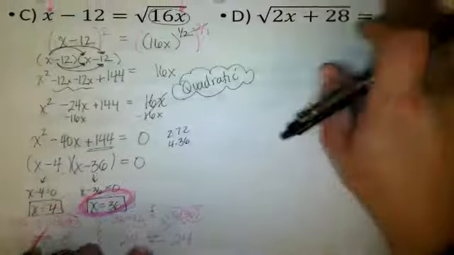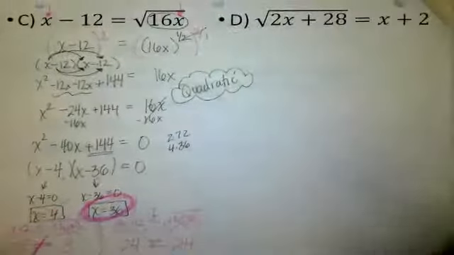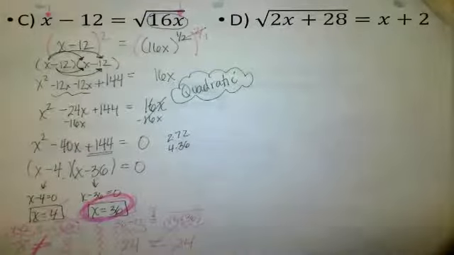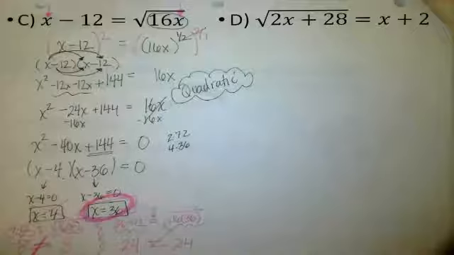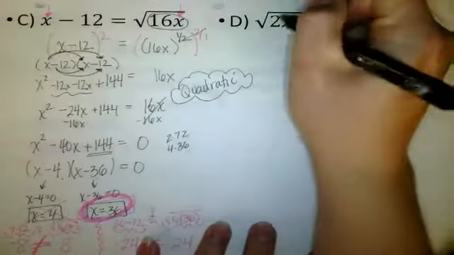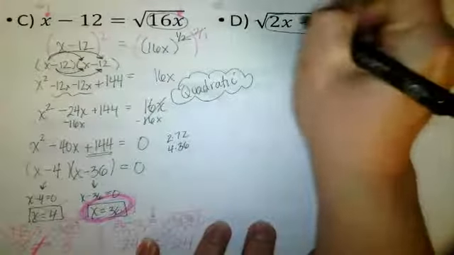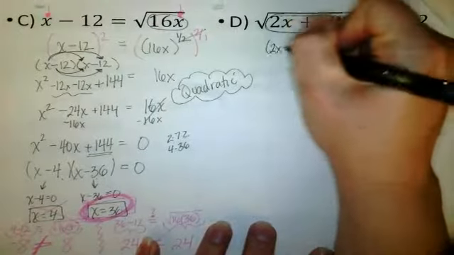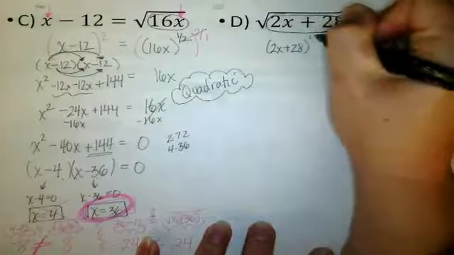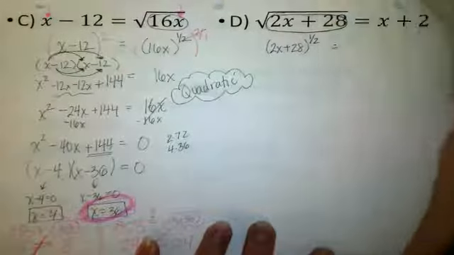All right, last one. We have the square root of 2x plus 28 equals x plus 2. Again, radicals are cumbersome. So I'm going to trade that radical in for an exponent. That exponent would be 1/2.